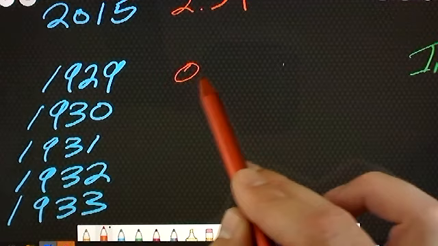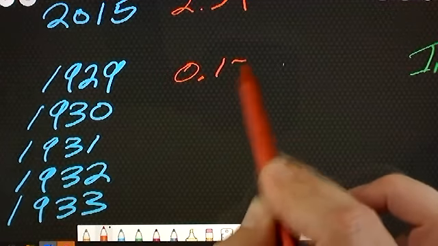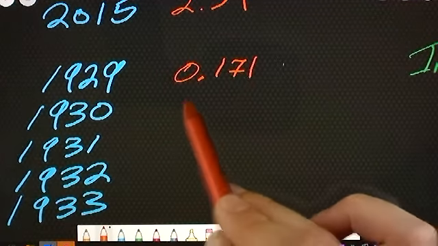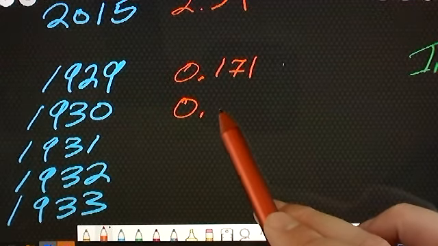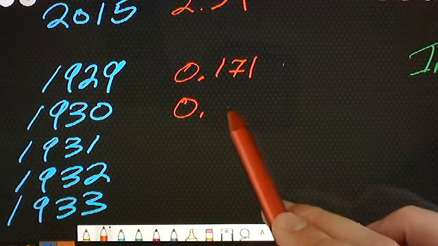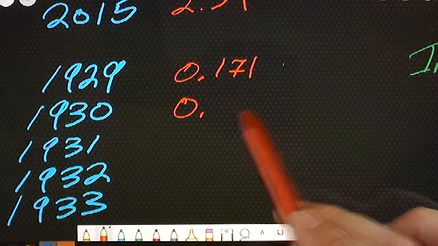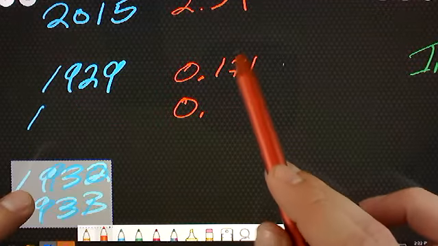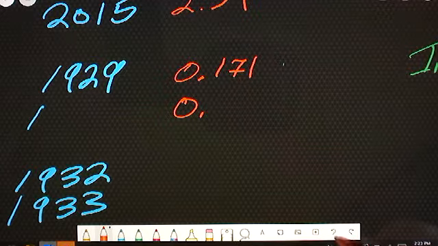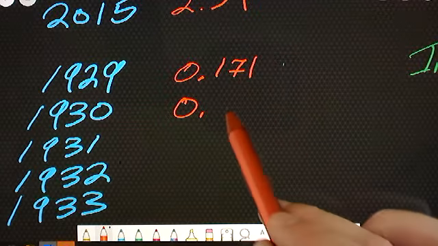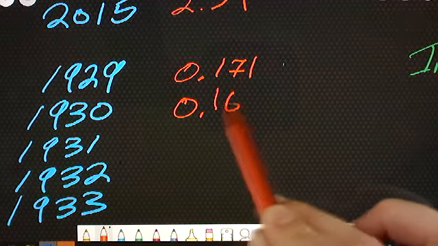The price level here started out as 0.171, and as we progress in time, the price level should increase like it did before, or at least not change as much, but we actually see a decrease.